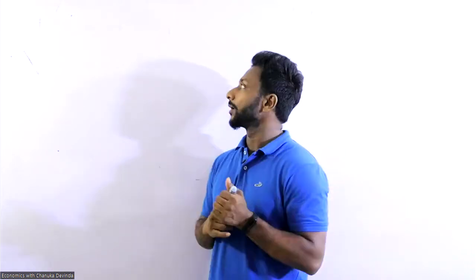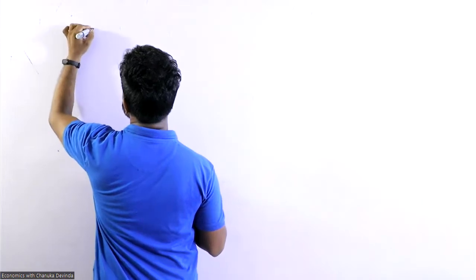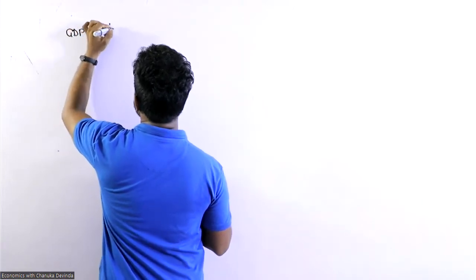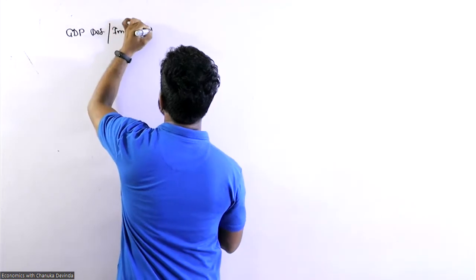GDP deflator is an index revealed by information of GDP. It is also called implicit price index.